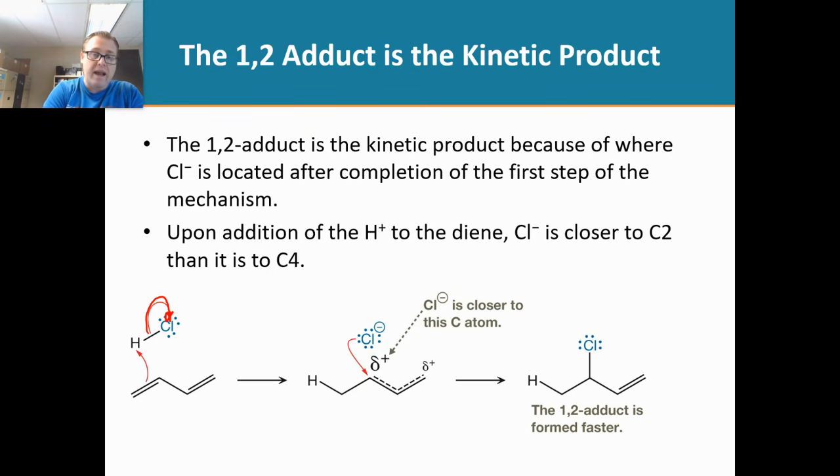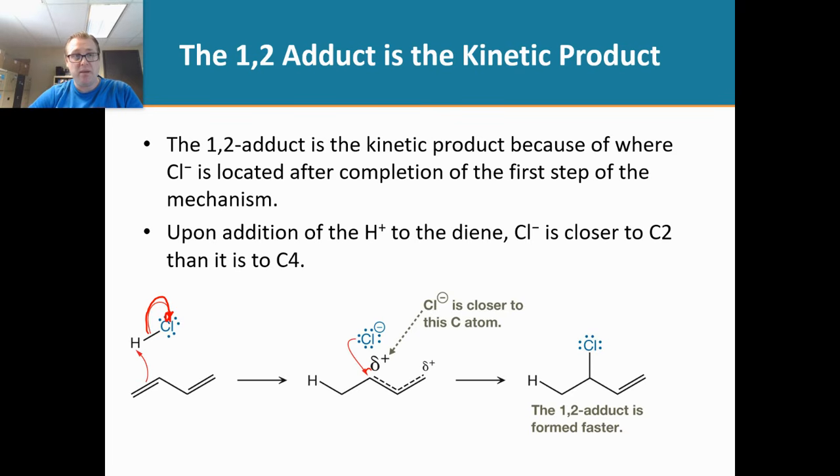It's already really close to the carbon that it's going to attack, because of where it is in three-dimensional space. That chlorine is really close to that carbon. And when that chlorine atom becomes a chloride, it's already there, and then it just zips in and attacks the carbon. That's why it happens so fast.